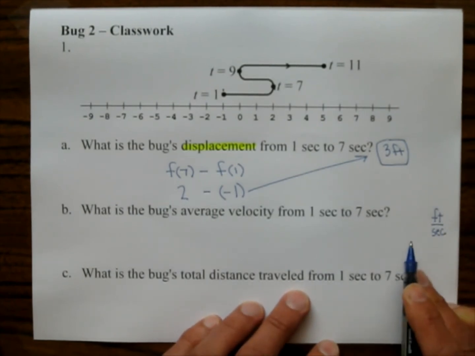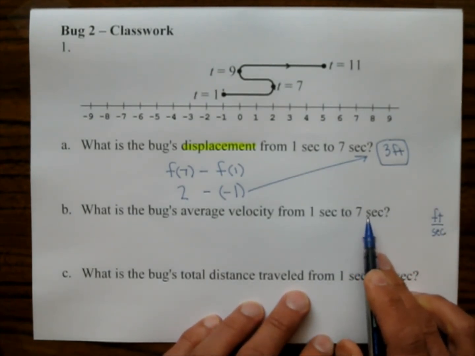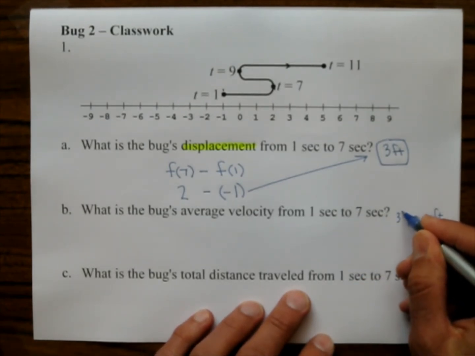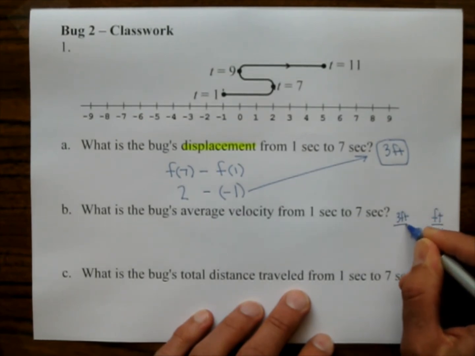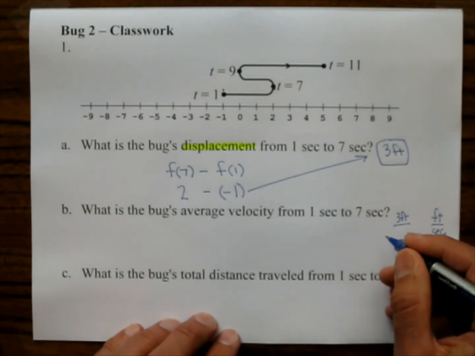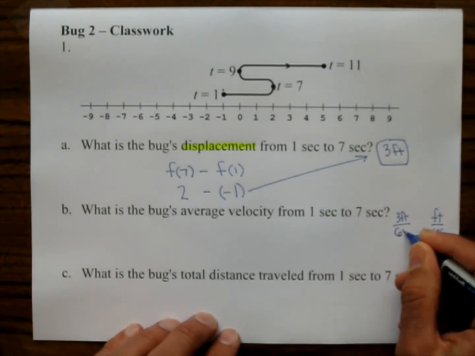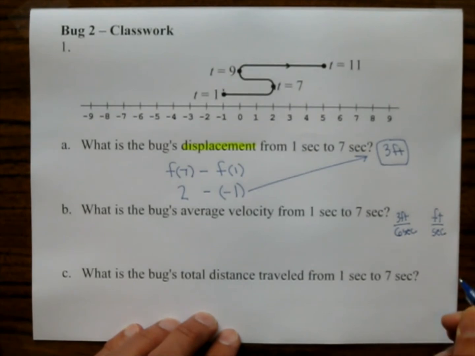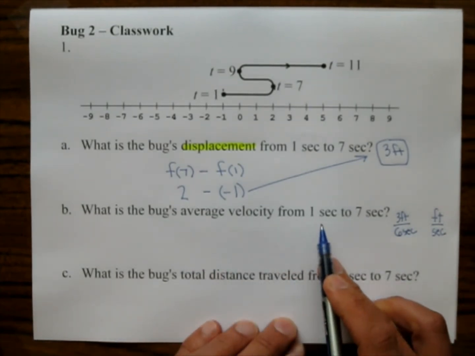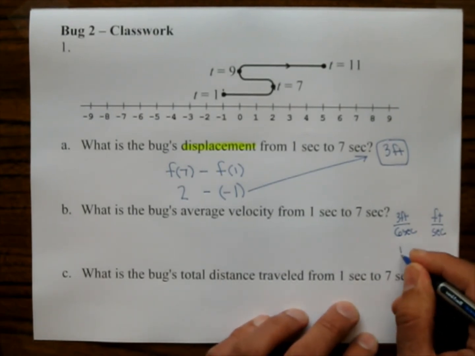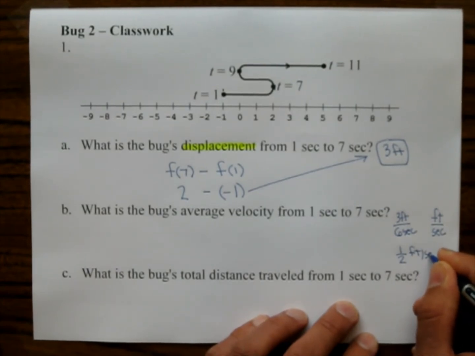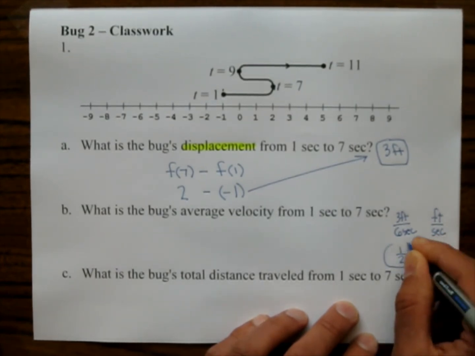So we are going to take this displacement, which is 3 feet, and put it over how much time has gone by from 1 to 7 seconds, which is really 6 seconds. So the bug's average velocity from 1 to 7 seconds happens to be 1/2 foot per second. And that's the answer.